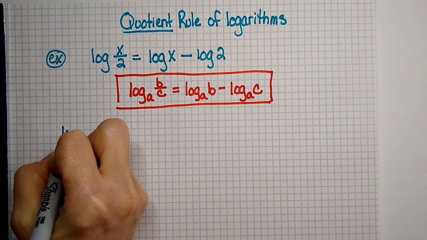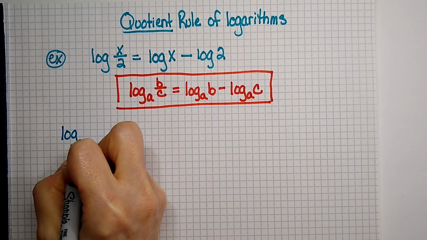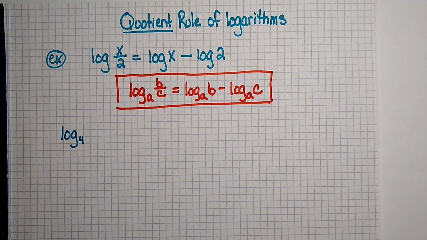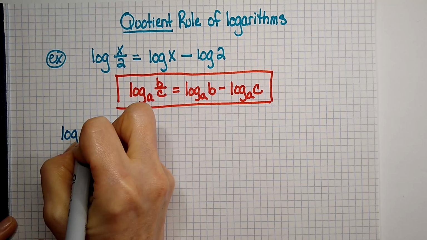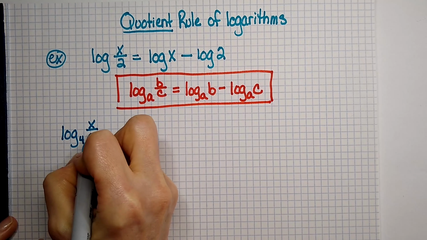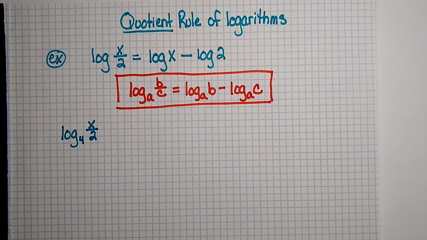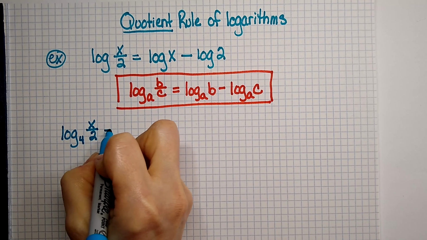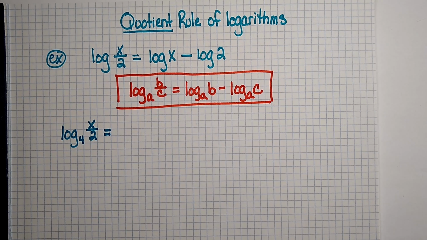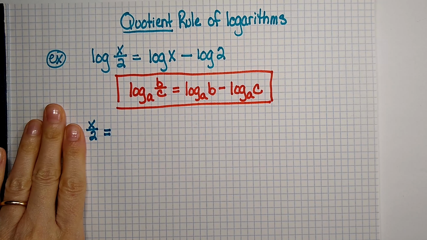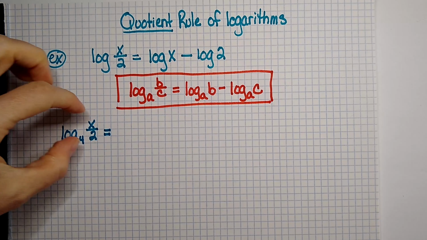Let's do log base 4, let's say, of x over 2. Okay? I can split that into two logs because I have a quotient here. I'm taking the log of a quotient.